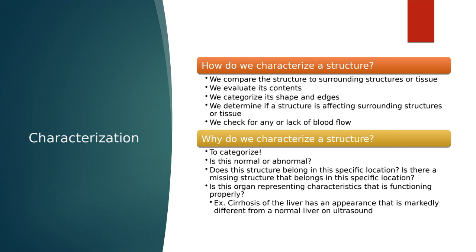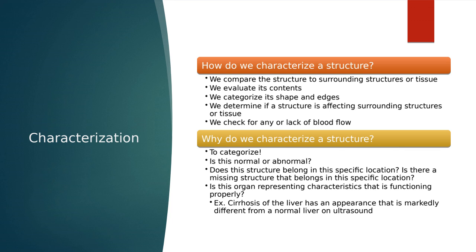It's typically a bad thing. Usually benign or normal things are not going to have an effect on surrounding structures, or if they do, it's pretty minimal. They're pretty friendly. They're typically not invading nearby structures. So as we learn about each particular organ, we'll learn what that normal and abnormal nearby relationship should be.